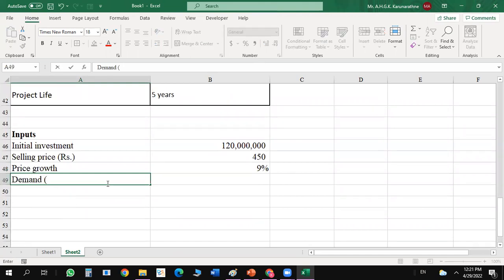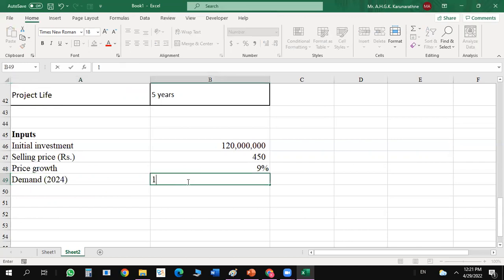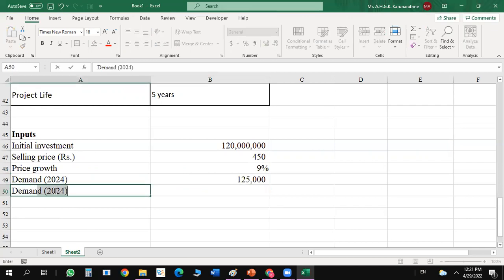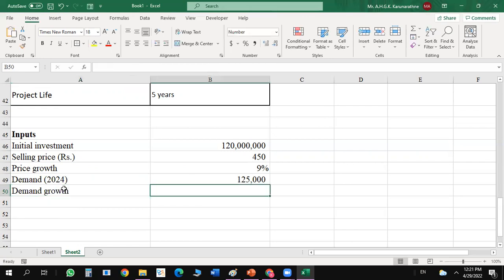Demand in 2024, let's put it that way. The demand in 2024 is 125,000, and the demand growth is 5%.